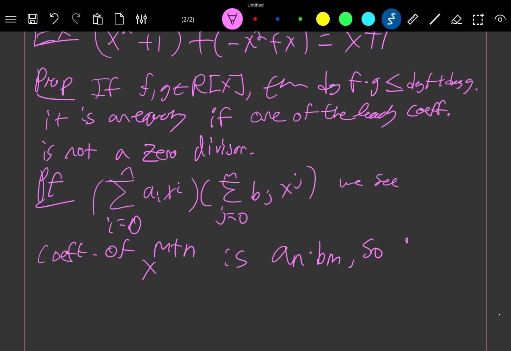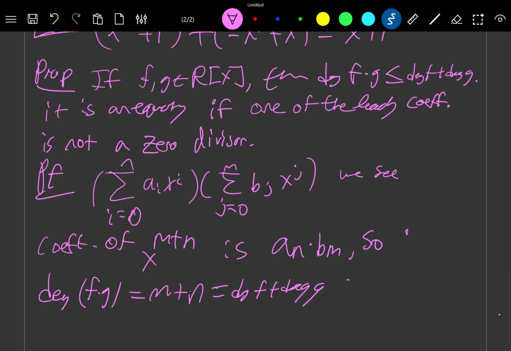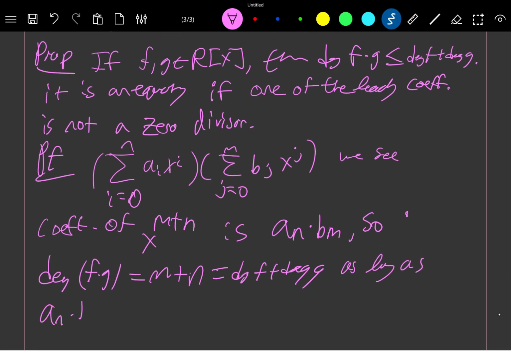So the degree of f times g is equal to n plus m, which is the degree of f plus the degree of g, as long as a_n times b_m is not 0.